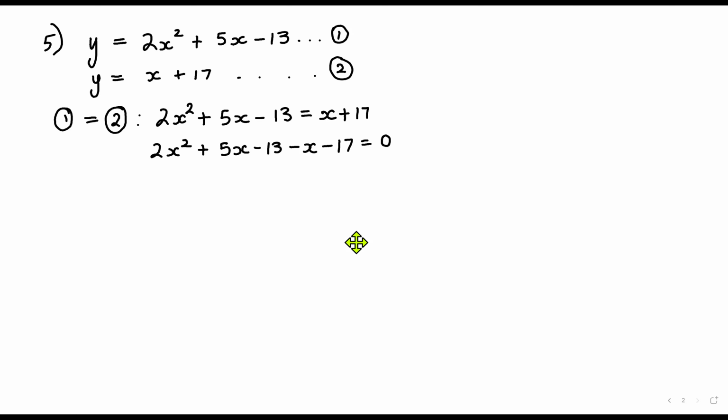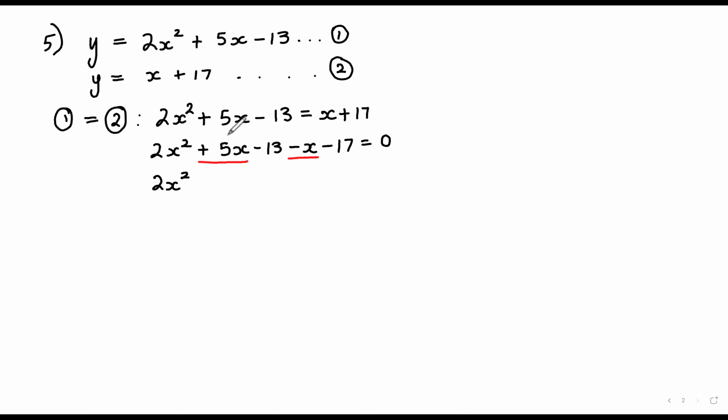So 2x squared plus 5x minus 13 minus x, because it's plus x on the right-hand side, and minus 17 because it's plus 17 on the right-hand side. So when you transpose those to the left-hand side, they will become minus and minus. So now you group your like terms. There are no other terms in x squared, so this will just be 2x squared. Then it's plus 5x, and you have another term in x, which is minus x.